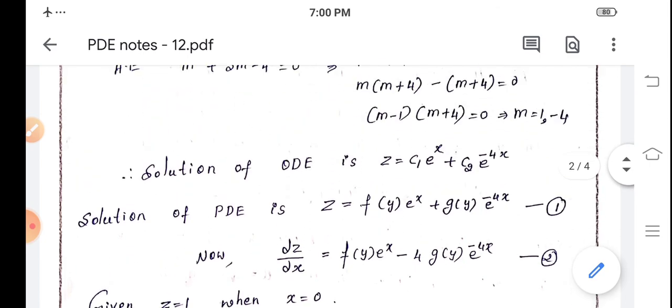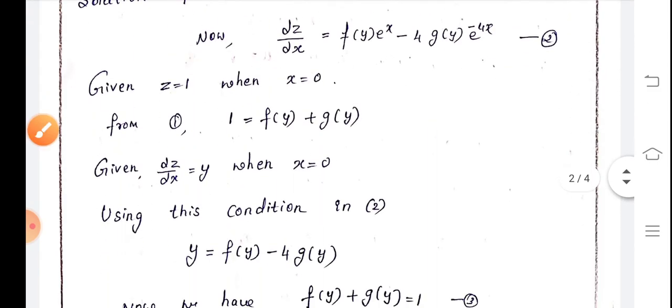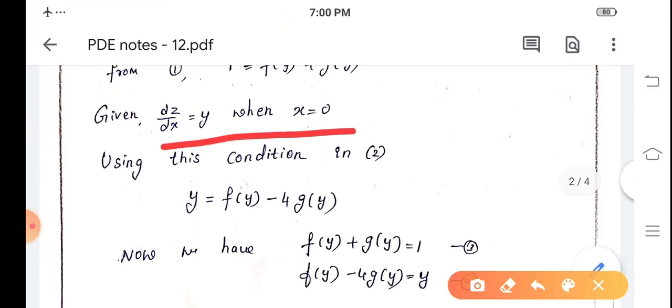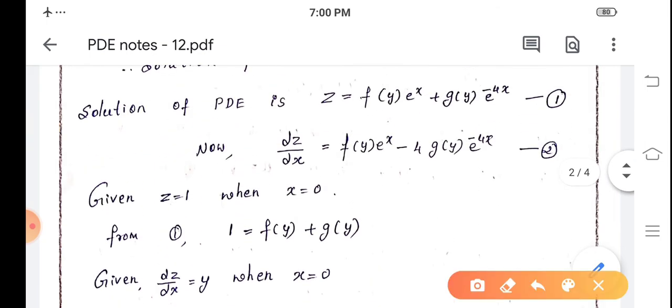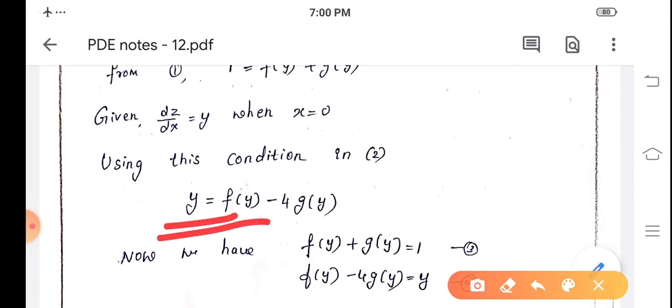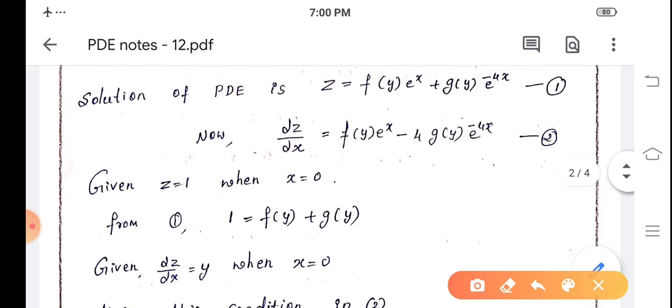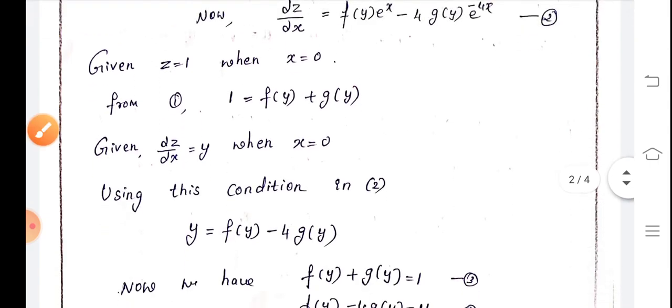Similarly, using the second condition, ∂z/∂x = y when x = 0. Using this condition in equation number 2, we write ∂z/∂x = y equals, on the right hand side we put x = 0, then we get f(y) e^0, which is 1, minus 4 g(y) e^(−4x), which is 1. That will be f(y) − 4 g(y).